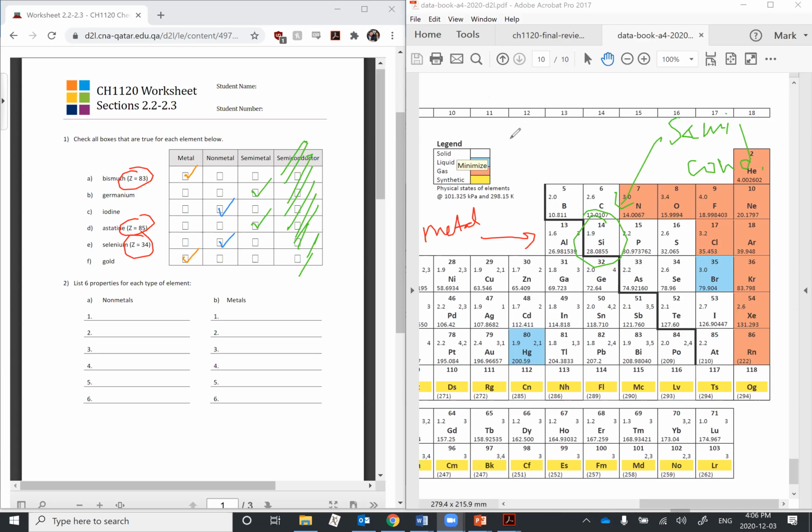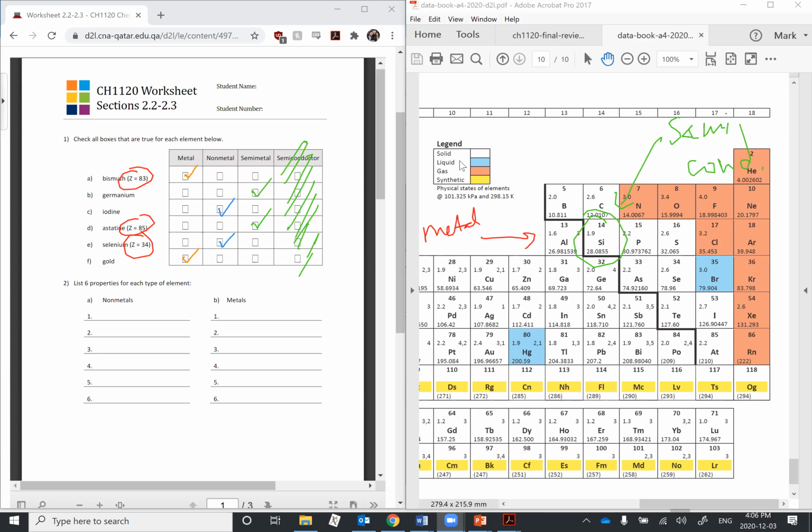It kind of depends on what book you're looking at or what information you're looking at. The easy answer is anything that touches the staircase you could call a semi-metal. The only element that touches the staircase that is definitely not a semi-metal is aluminum.